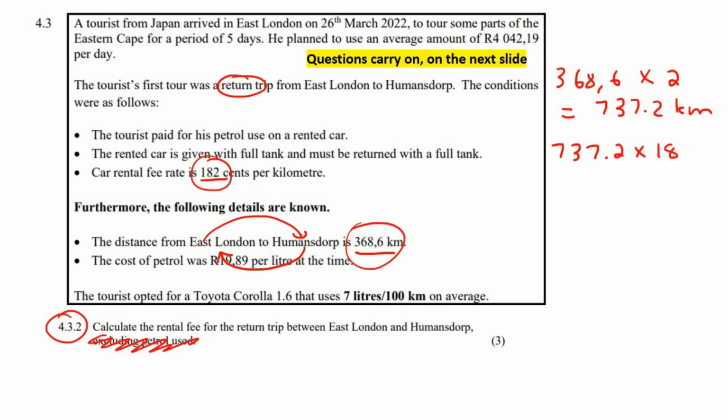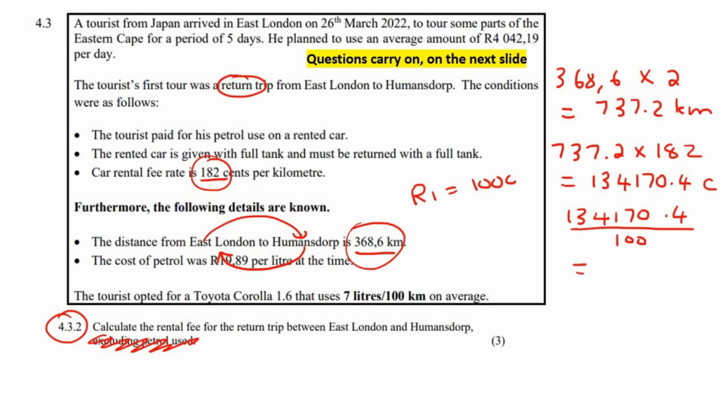So you're going to multiply 737.2 by 182, and that's going to be 134,170.4, in cents. But now let's convert that to rand. Remember that 1 rand is 100 cents, so we're going to have to divide this by 100. And so that's going to be 1,341 rand and 70 cents.